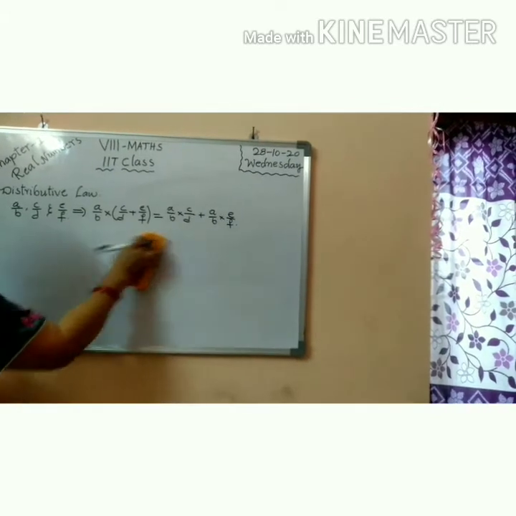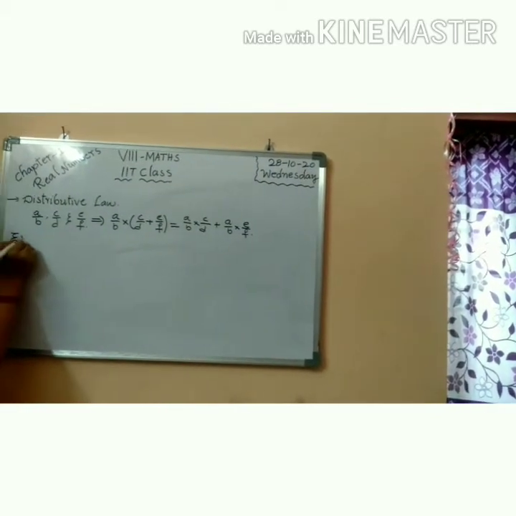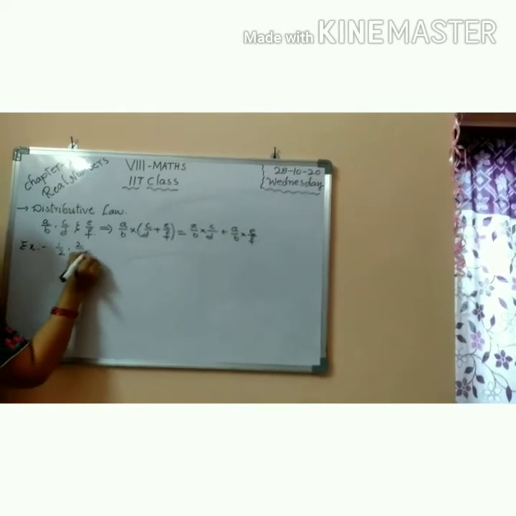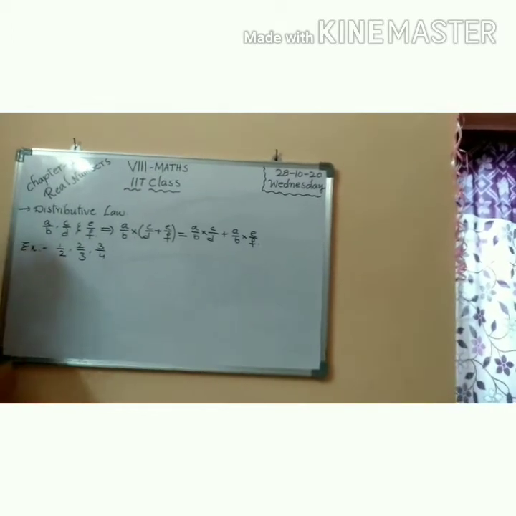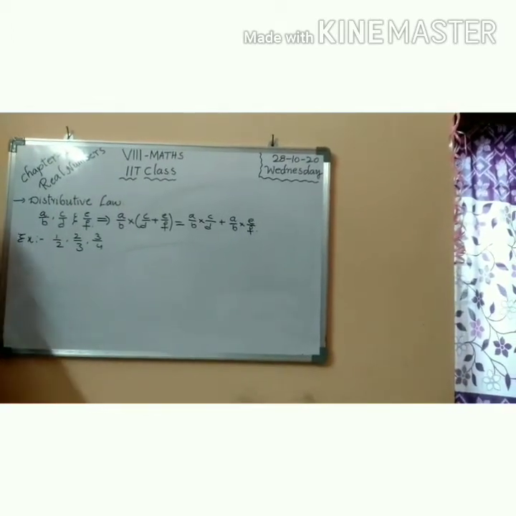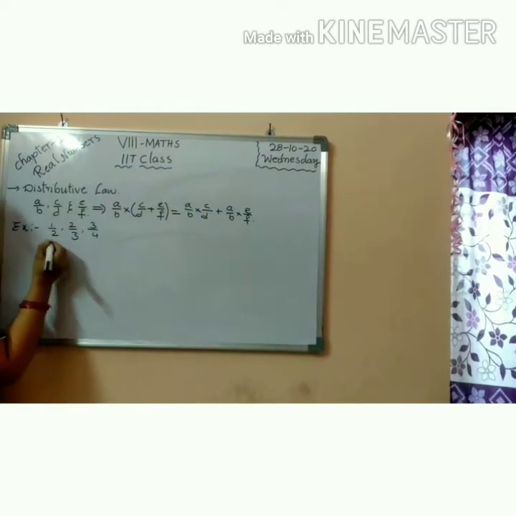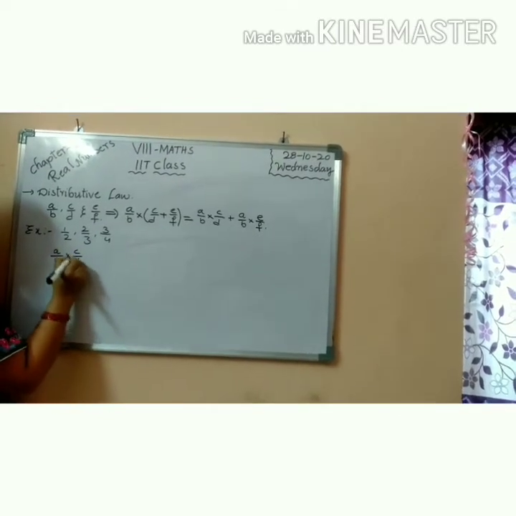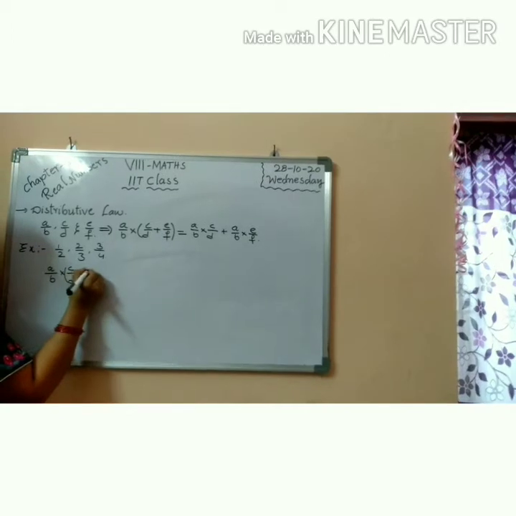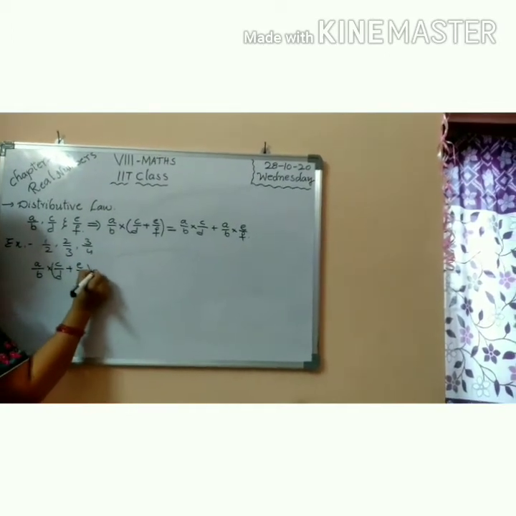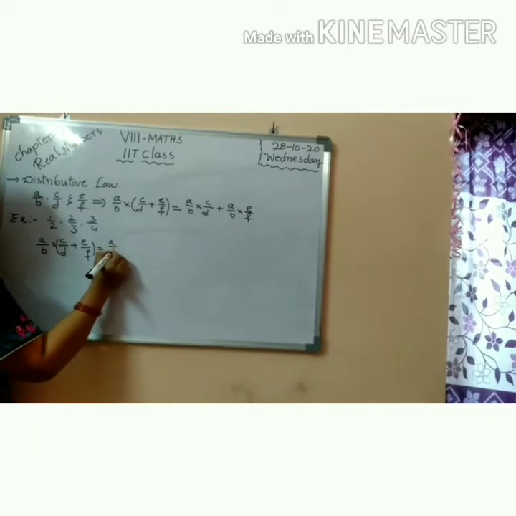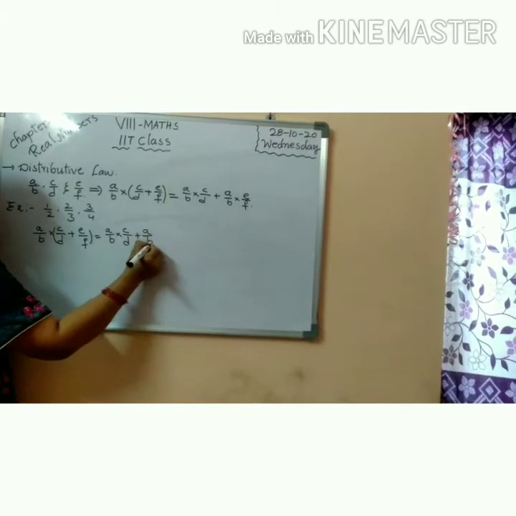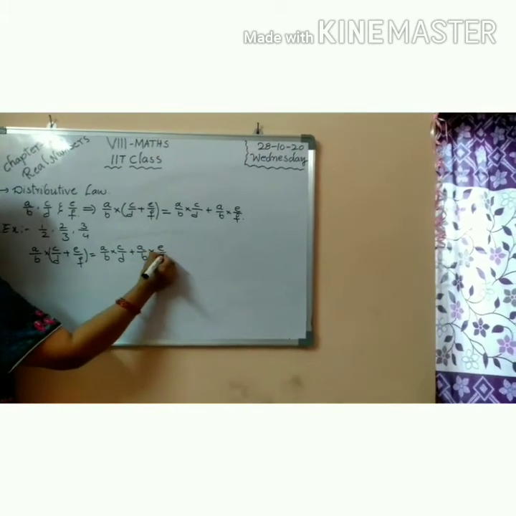Okay, so for example, take the three rational numbers 1/2, 2/3, 3/4. Then distribute: a/b into (c/d plus e/f) is equal to a/b into c/d plus a/b into e/f.